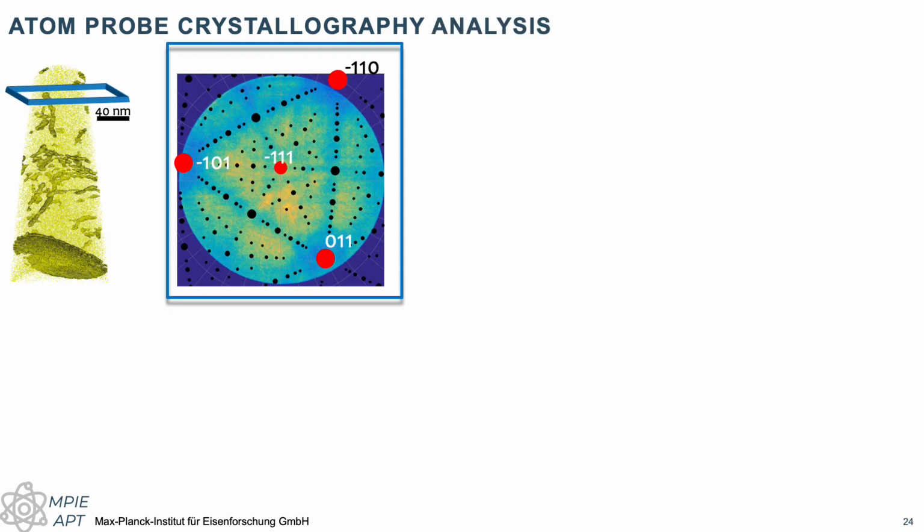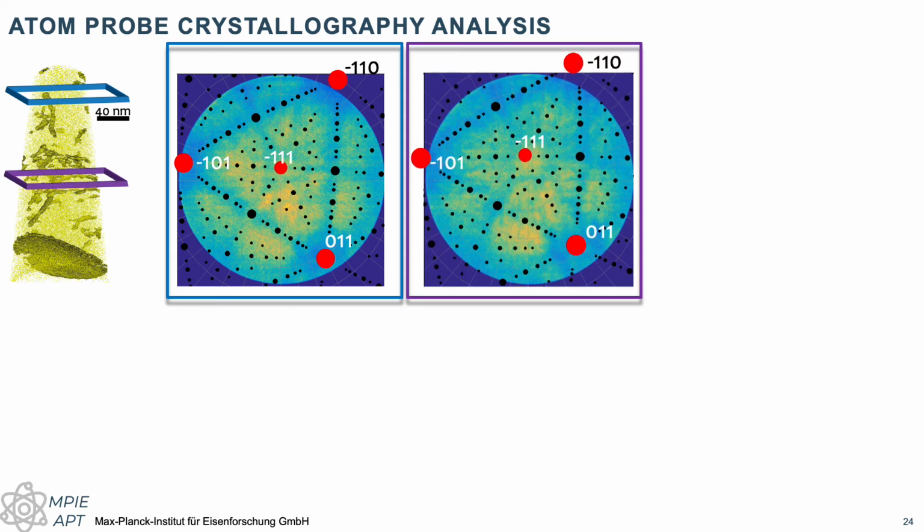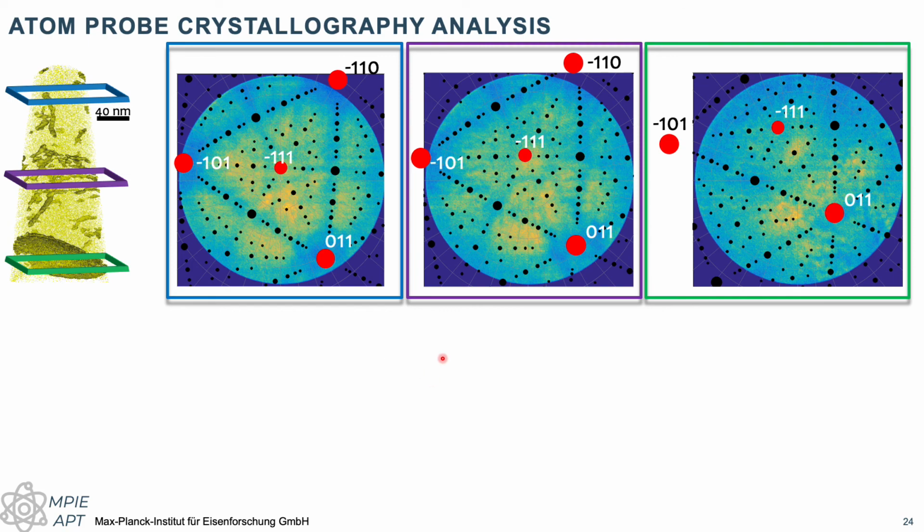So if I look through in more detail, here I have a first grain with a 111 pole right in the center. A second grain that has almost the same pattern forming, just slight shifts of the pole positions, which is indicative of a low angle boundary. And finally, a larger shift and some rotation of the pole here in the bottom grain.